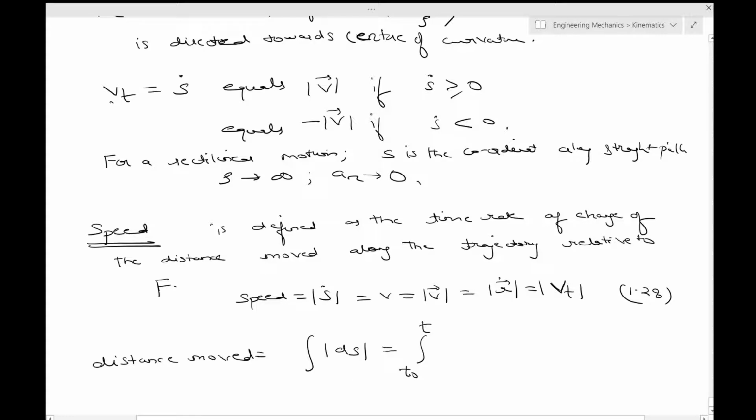So this should become s dot dt, by writing ds by dt into dt, from t naught to t, and s dot is the velocity. This is 1.29.